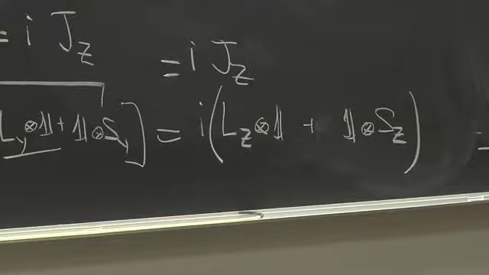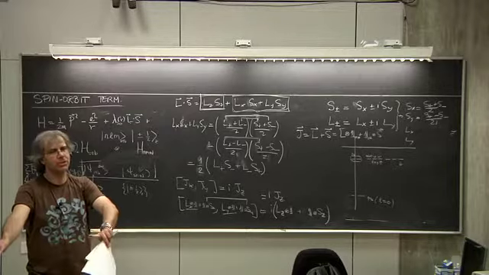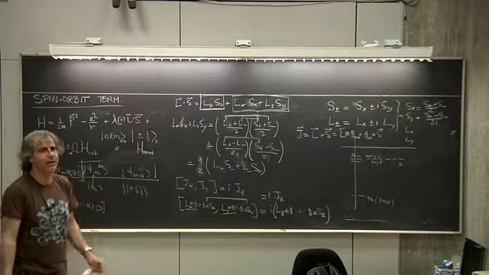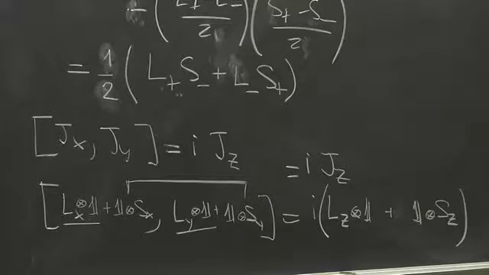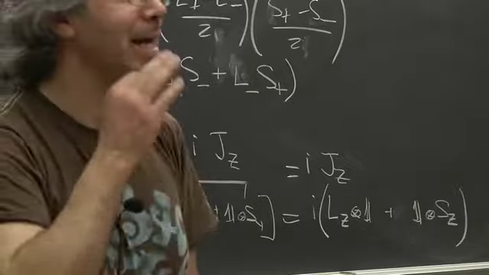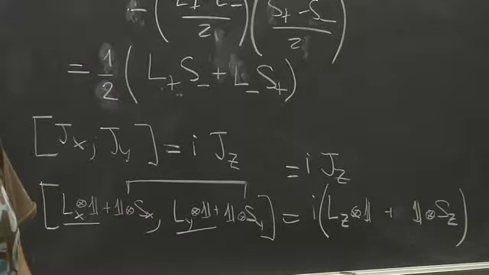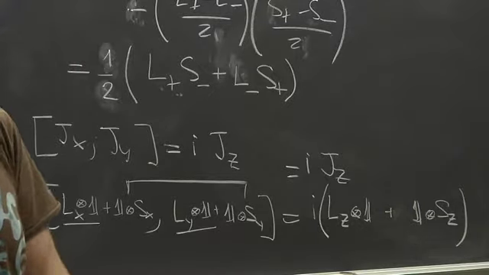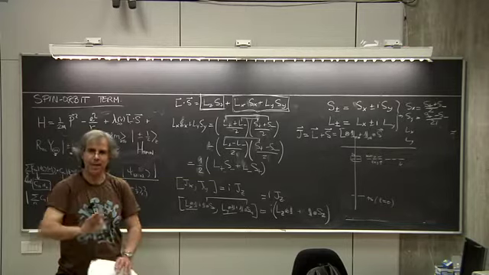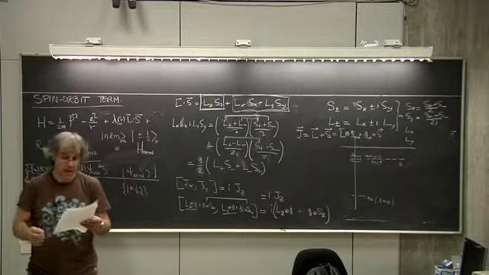It's a sum of two objects working in different spaces, and obviously the sum respects the usual commutation rule. So this is an angular momentum. And therefore, according to our theory, all its eigenstates should be classified by some j, m, which could be integer or half integer. The usual thing should apply here as well.